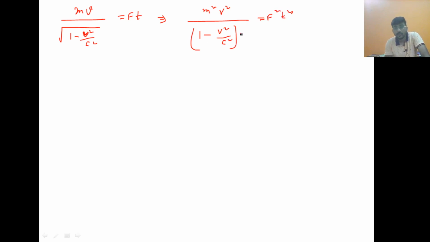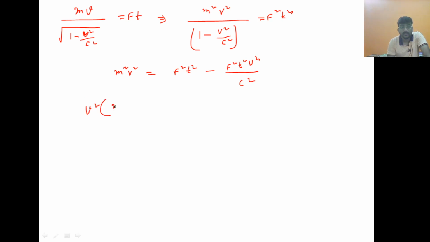So m square v square will be F square t square minus F square t square v square divided by c square. I have to find out v square. If we take v square common, then we get m square plus F square t square by c square, multiplied by v square, is equal to F square t square. Okay.